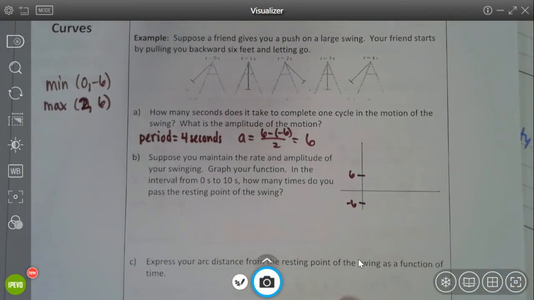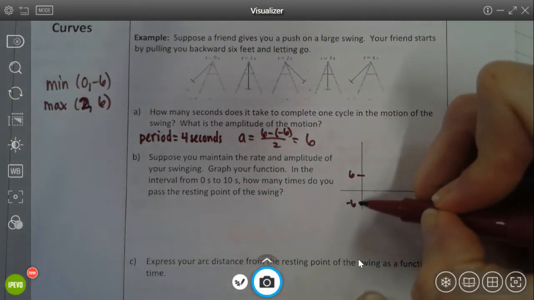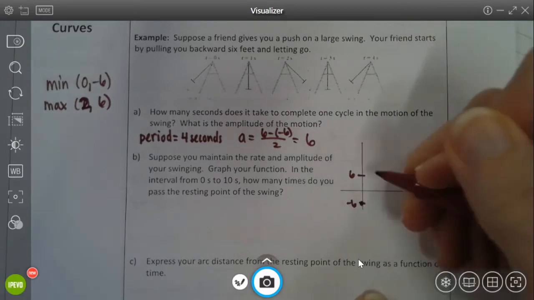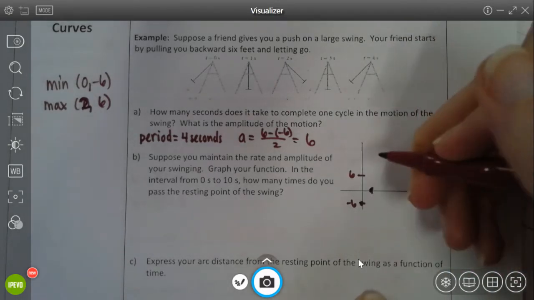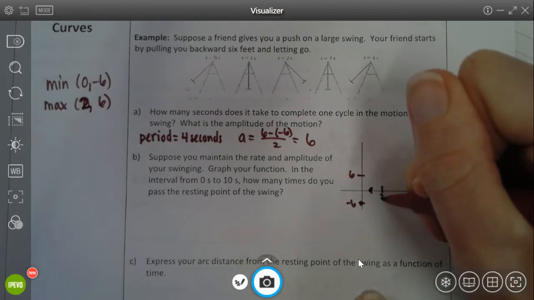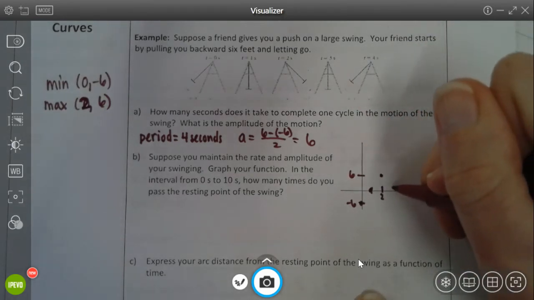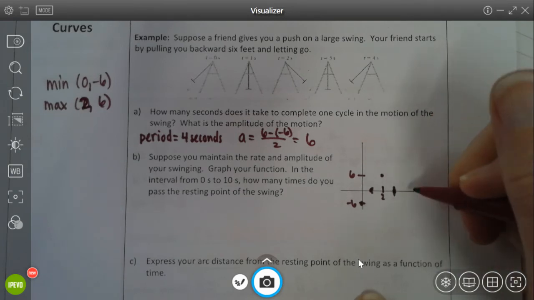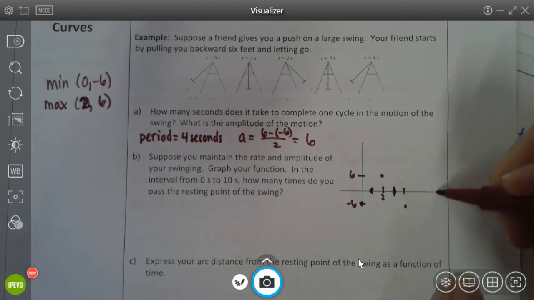So what I'm going to do is at 0, I'm back at -6. At 1 second, I was at 0. And then at 2 seconds, I'm all the way over at +6. At 3 seconds, I get back to 0. At 4 seconds, I'm down to -6. And we're going to keep repeating this pattern.